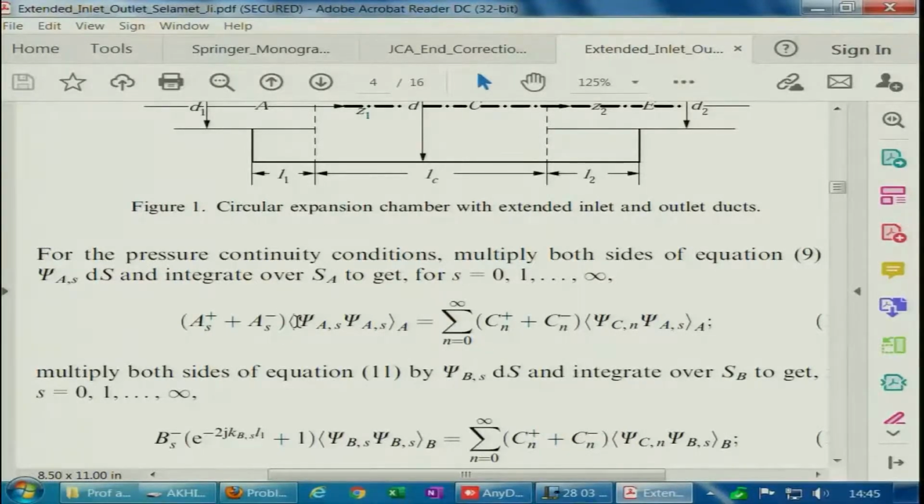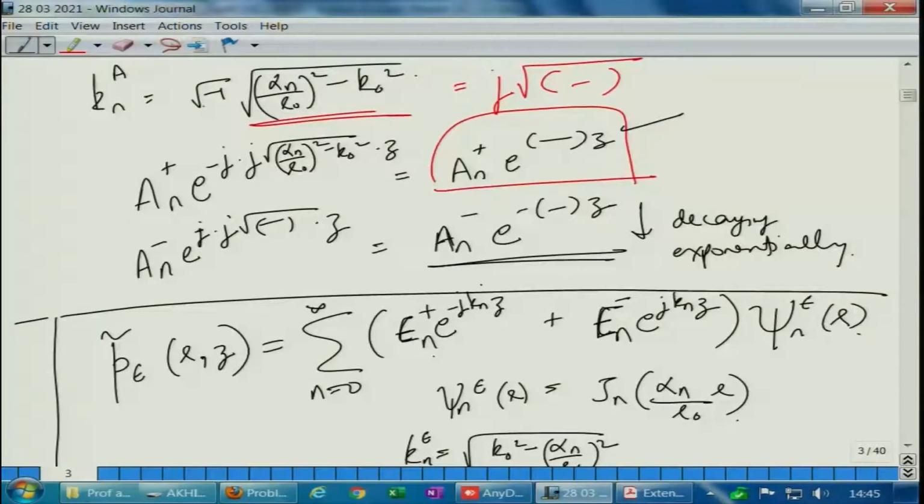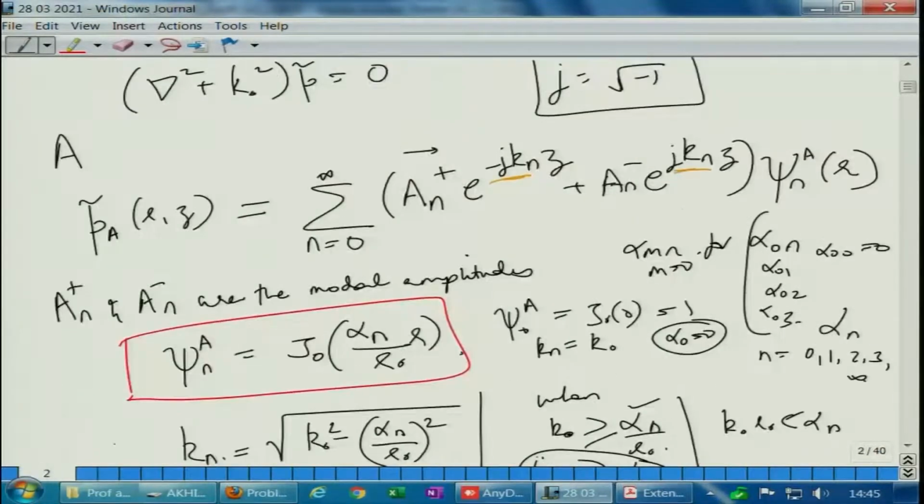You multiply by a generic function. If this is n, you multiply by n1, and then you integrate.